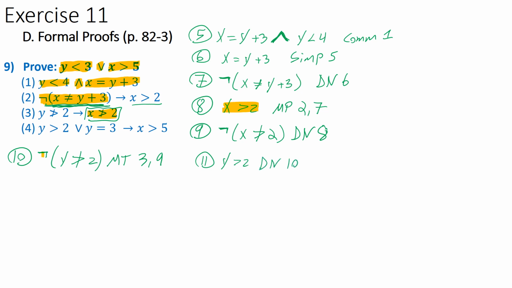So we move from here to here. Line 11, y is greater than 2, appears in line 4. It is a conditional overall, but to affirm that we also need it in a disjunctive relationship.